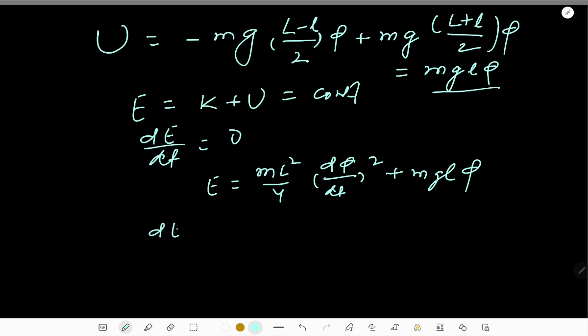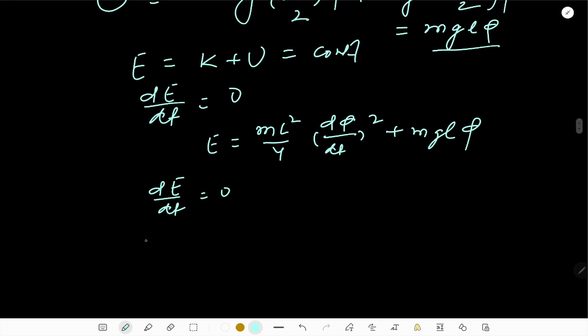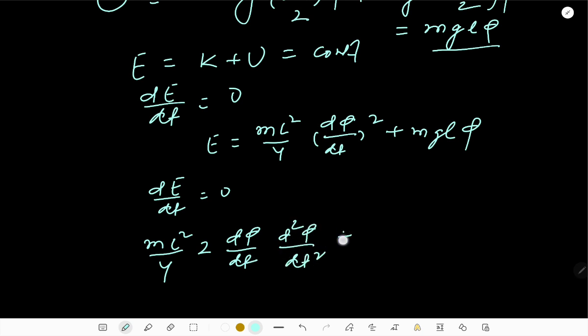I'm going to put dE by dt equal to 0. So that means it will be ml square by 4 times 2 d phi by dt times d2 phi upon dt square, plus mgl d phi by dt, and that is equal to 0.